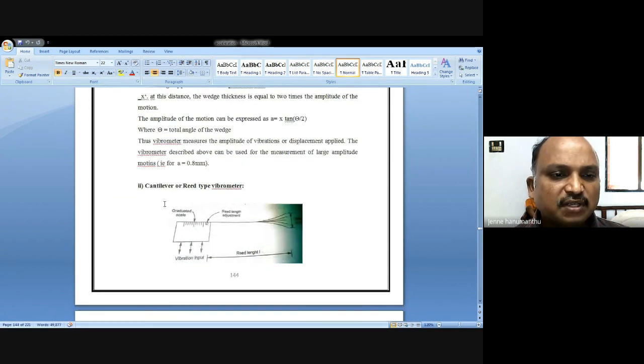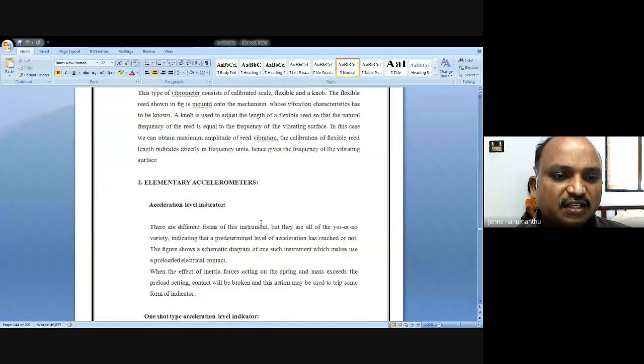And sometimes vibrations can also be known with the help of a cantilever or reed type vibrometer. If any vibrations are given to this, the cantilever will move, it will deflect. Based upon this deflection, there is a scale with markings. That marking value will give the vibration value.